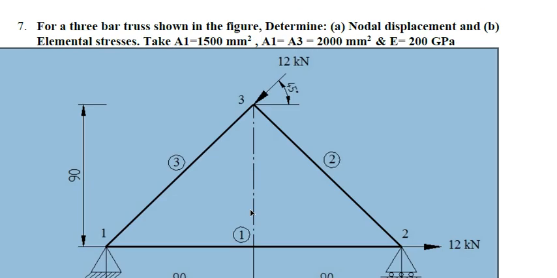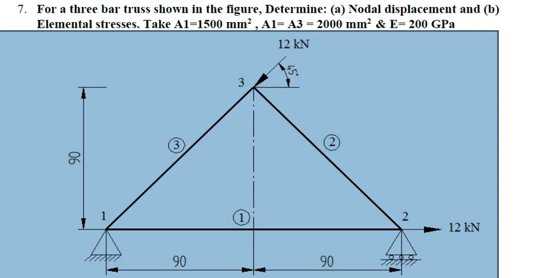Next, this is the next problem, which we have learnt already. It has node 1, node 2 for first element, node 2, node 3 for second element, node 1, node 3 for third element. Load is applied at an angle of 45, therefore it can be resolved into 12 cos 45 horizontally and 12 sin 45 vertically.